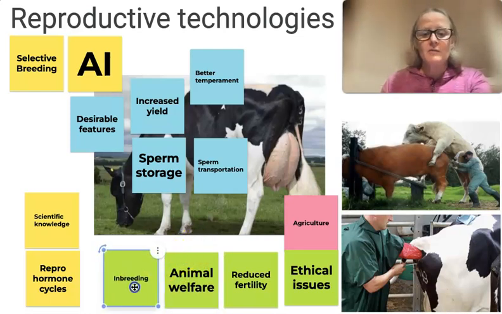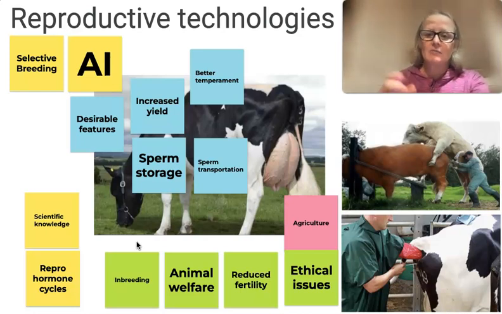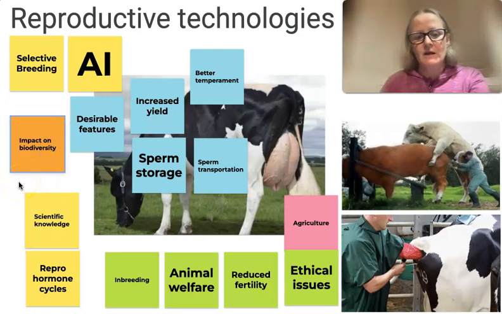And there's also the problem if you don't keep good records of inbreeding, and you don't want animals that are too closely related actually producing offspring. So we also need to put some consideration into biodiversity. That comes in under the inbreeding. So we need to be careful that we understand the genetic pedigrees of these animals.